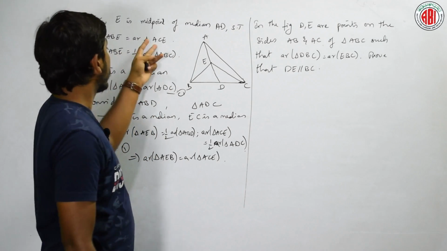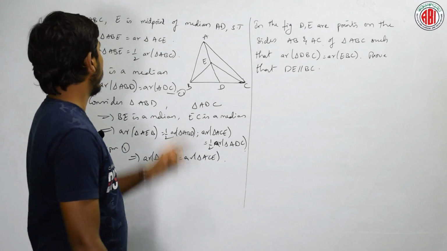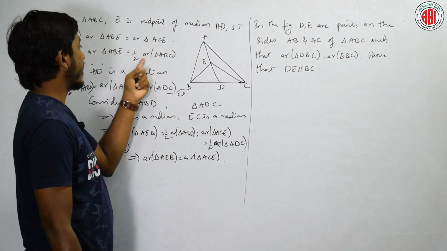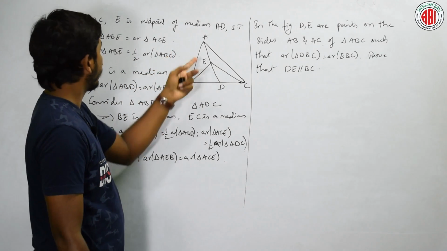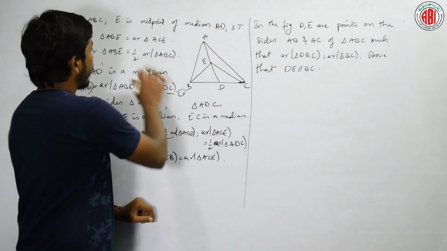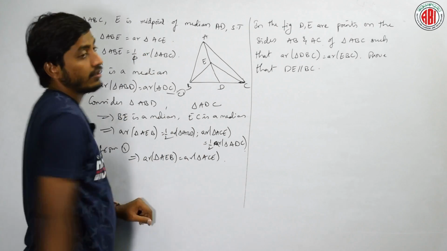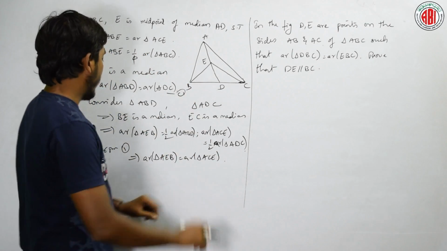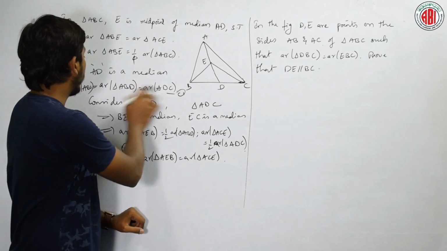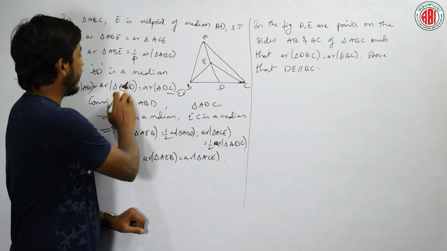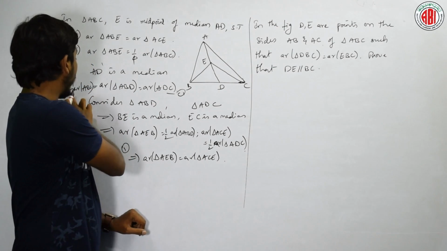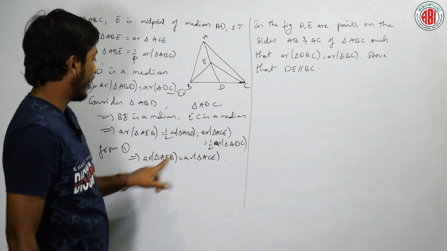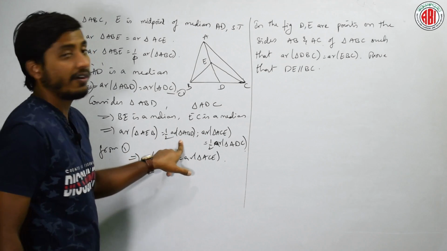Yes, first one, clear? And not only that, the area of triangle ABE is 1/4 of the area of triangle ABC, don't get confused here, okay. If we observe here, we know that ABD is equal to ADC and that is also equal to half of ABC, and if you observe here, AEB is half of ABD.